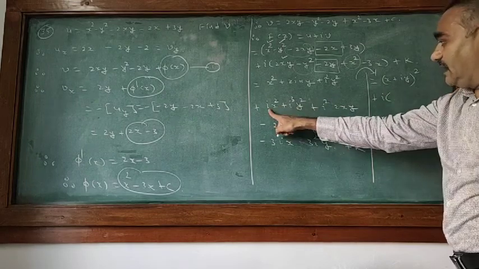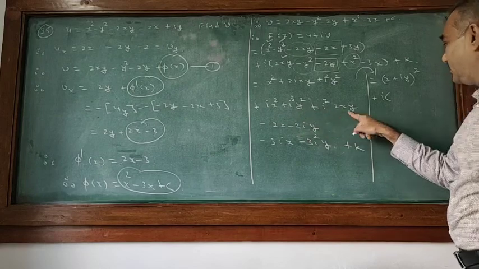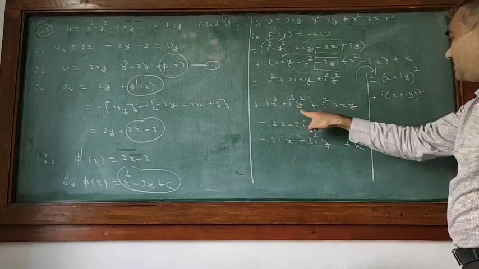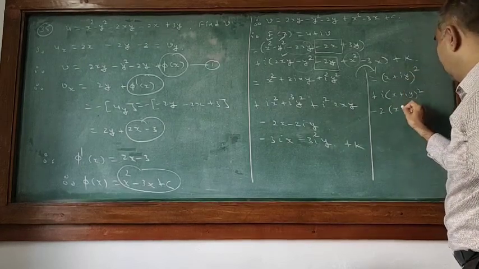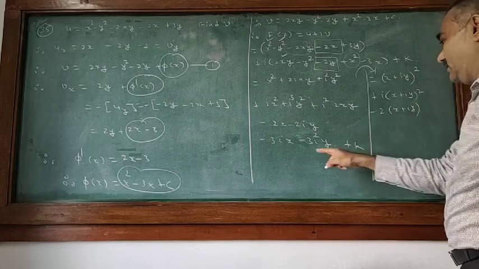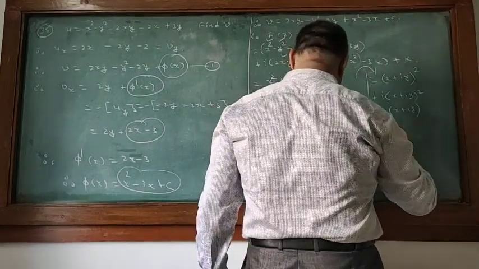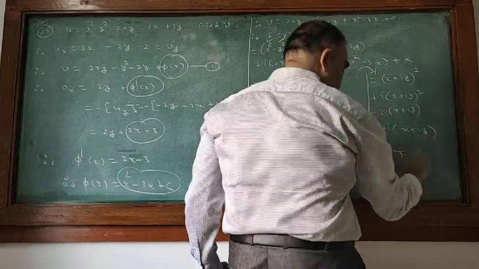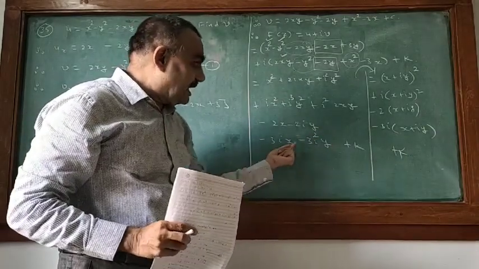If I take i in common, x square, i square y square, 2ixy, (x plus iy) square, minus 2 in common, (x plus iy), minus 3i in common, (x plus iy).